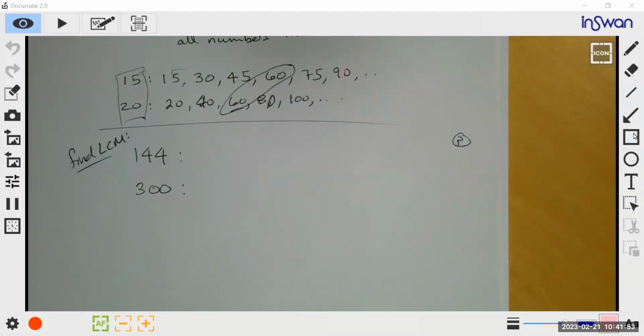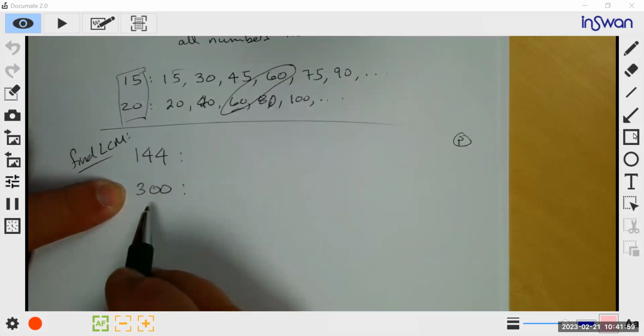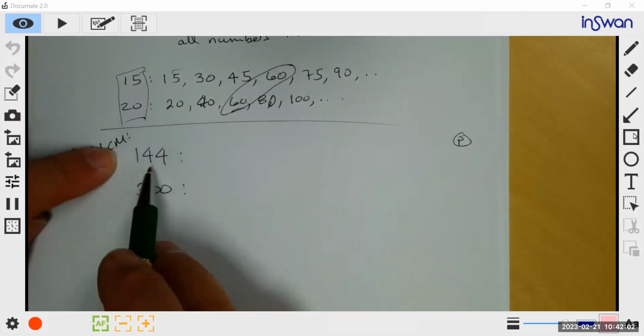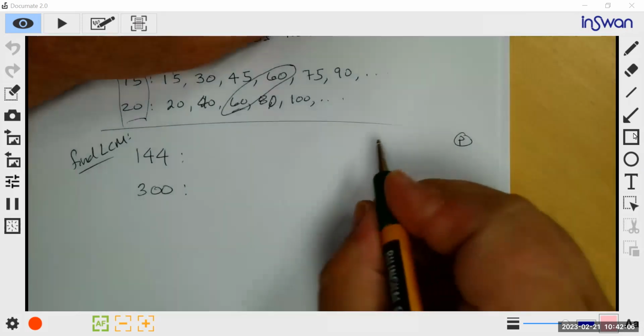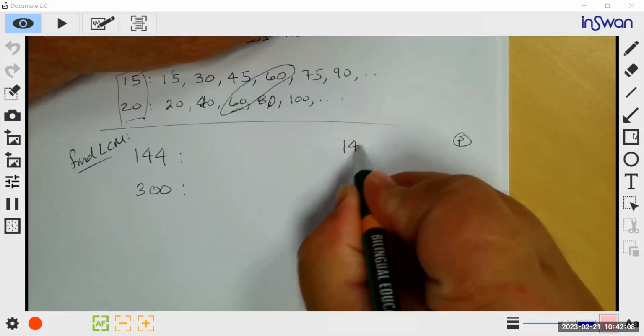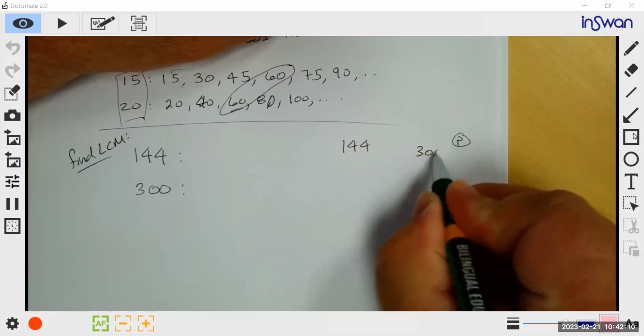Don't do it that way. It'll take you a long time because this one jumps by 300 each time. This one only goes to 144. So your list will be pretty long. I'll show you why. What are the factors of 144 and 300?